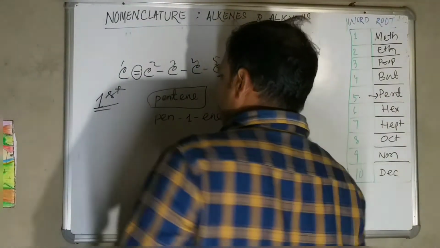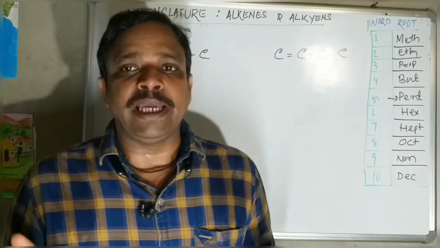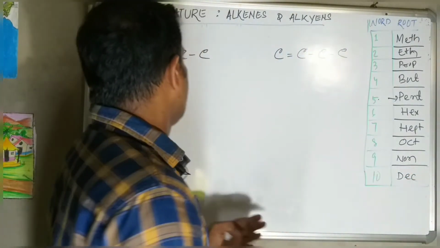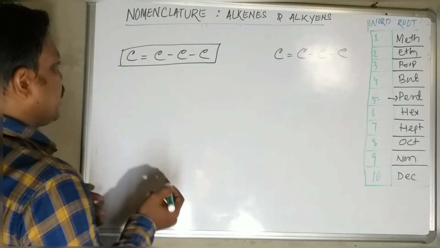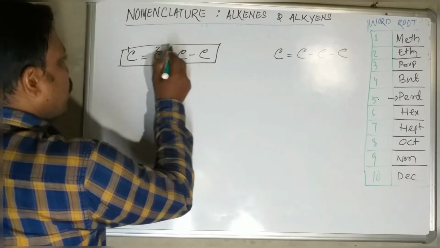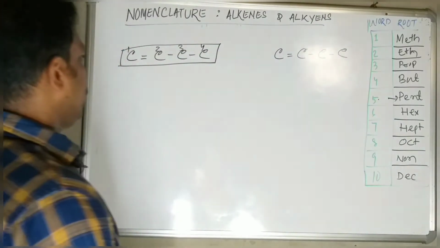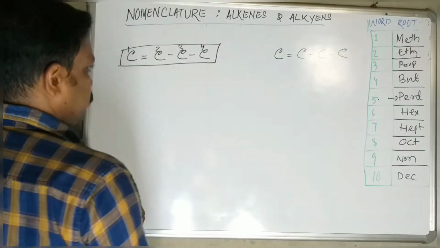Okay, next take another example. The rule is the same, the lowest number to the substituent or functional group. So here in this chain, if we start counting from left, 1, 2, 3, 4. The number of carbon atoms is 4.